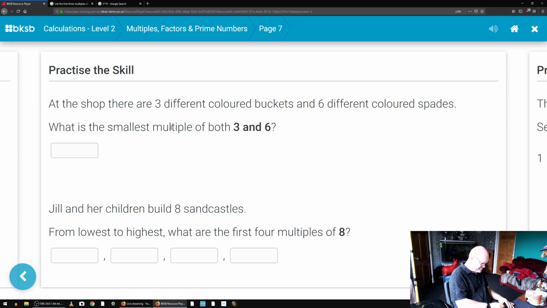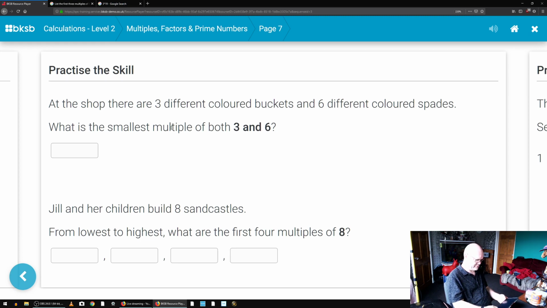So if we do 3, 6, 9, 12, 18, like that, and then we go 6, 12, it's there straight away. It's 6. No, not 1 6. It's got to be the same as the amount, hasn't it? That would be 4 times 6.